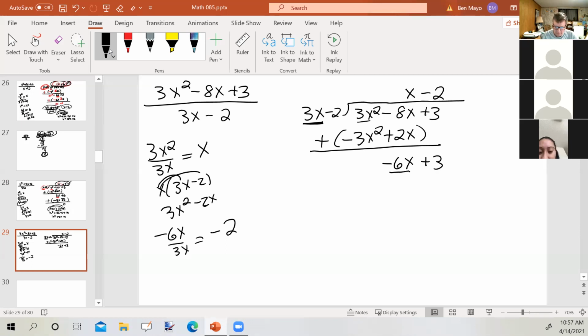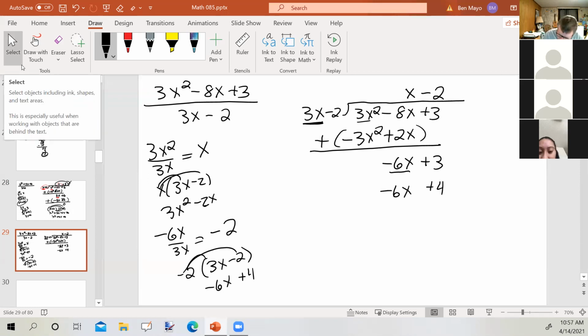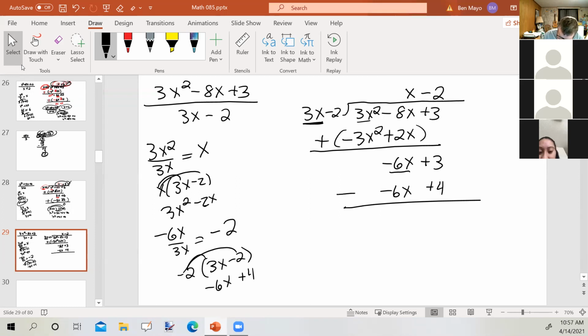Okay. Then I'm going to take the minus 2 times the divisor, the 3x minus 2, distribute. I get negative 6x plus 4. I'm going to subtract that quantity from what's up above, change it to addition of the opposite.